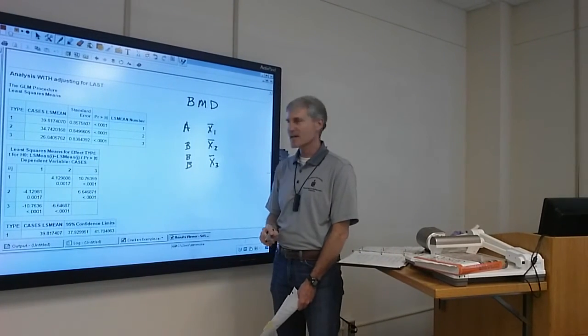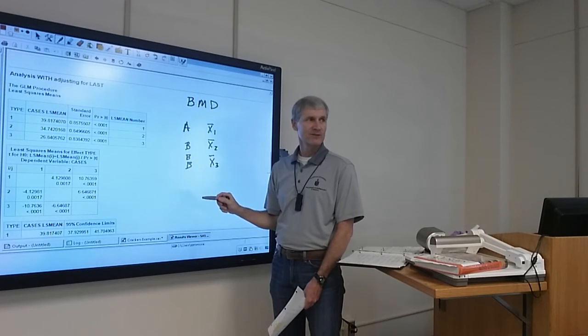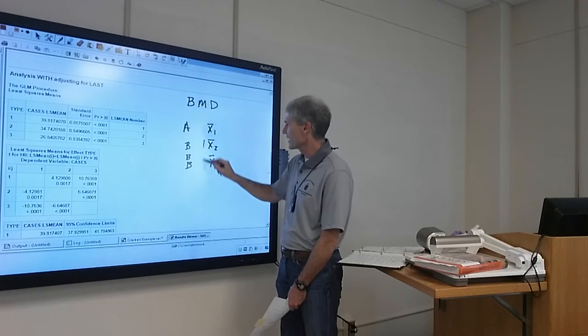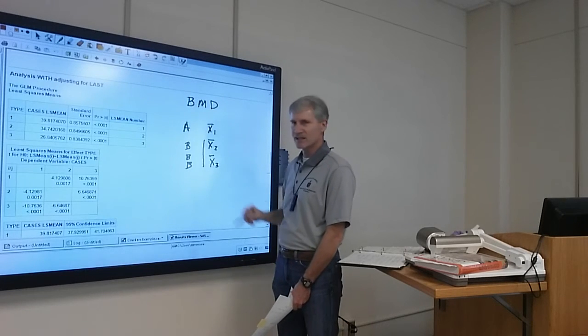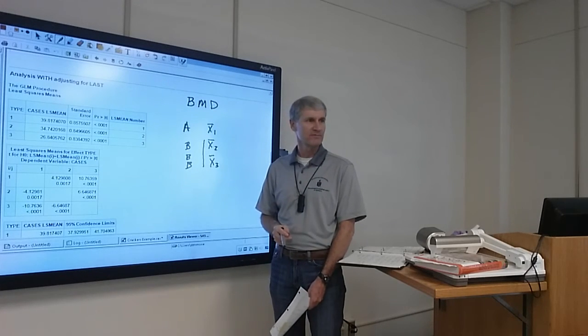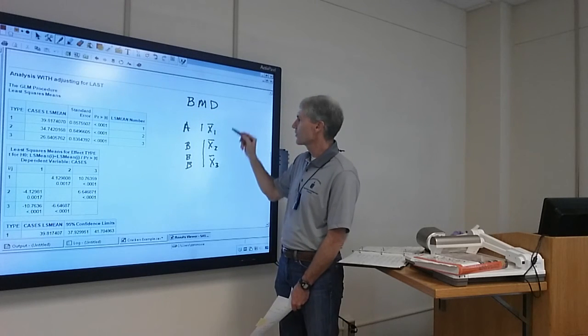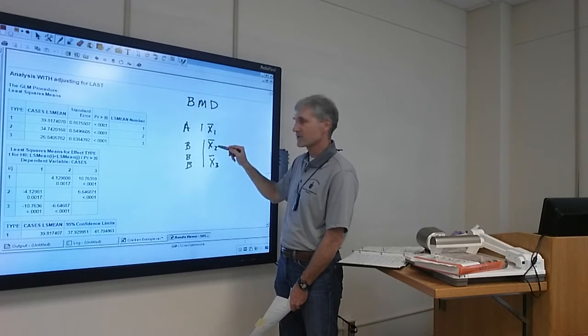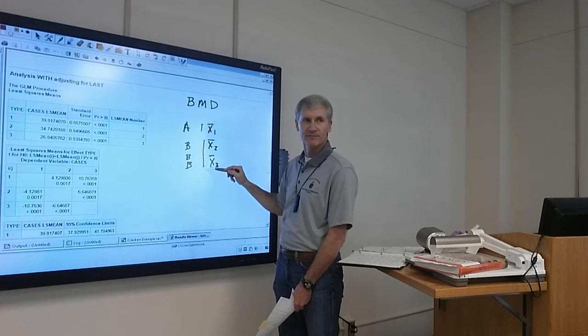The way you interpret that is it's trying to use letters to draw lines. So SAS is saying, draw a line right there, and anything that's covered by the same line is not significantly different. And then that line only goes to there. So group 1 is different than group 2, and group 1 is different than group 3.